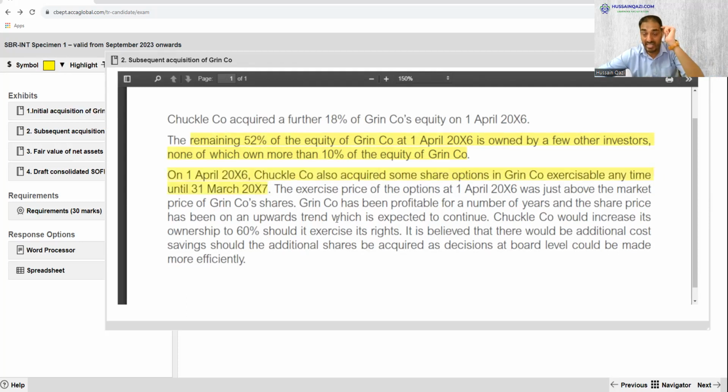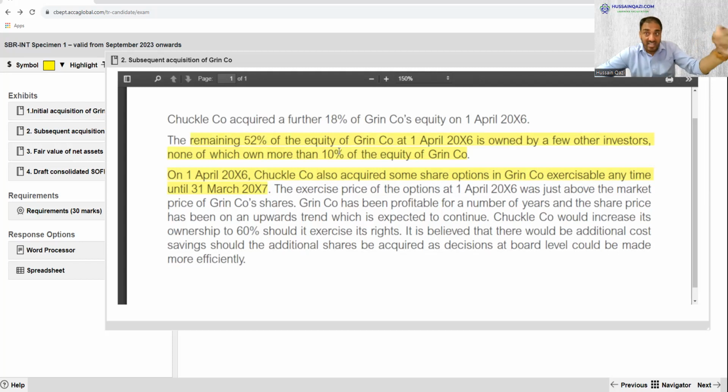Now the relevant point to jot down in your mind: previously Chuckle had 30% in Grin, plus a further 18%, it's a total of 48%. So with this percentage, Chuckle is not able to get more than 50% of the voting rights.